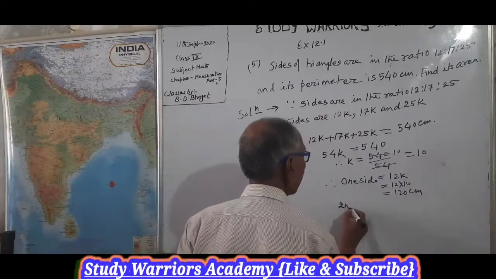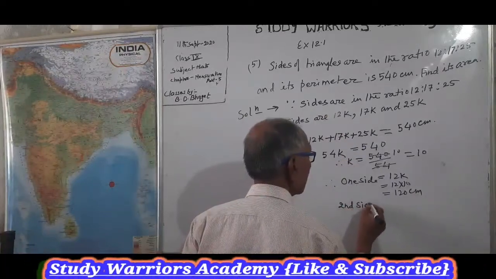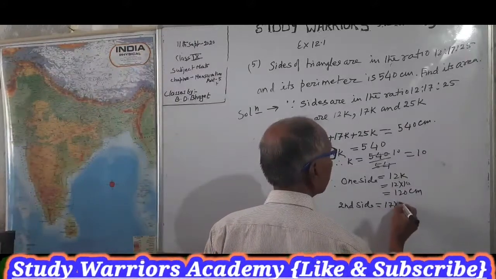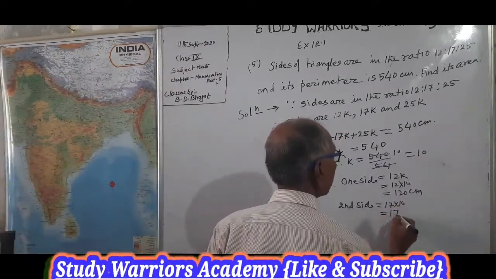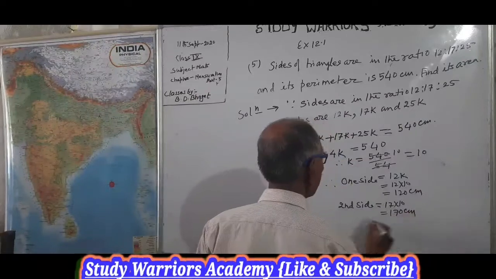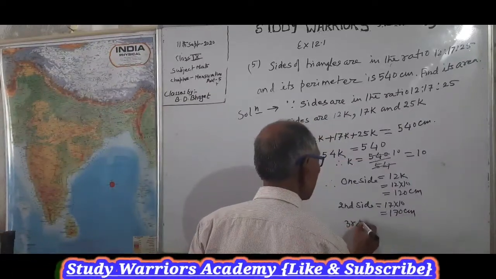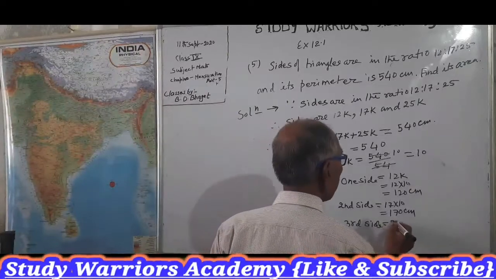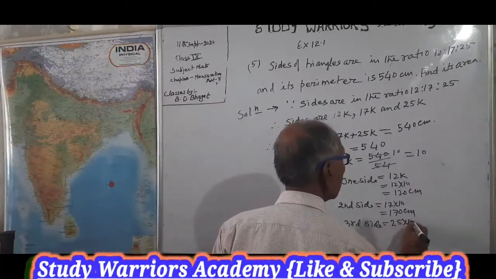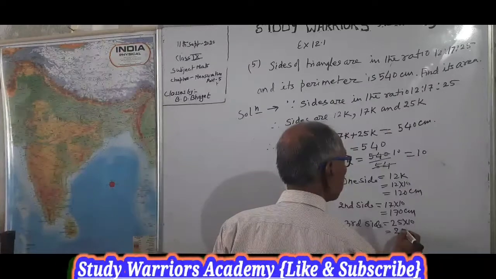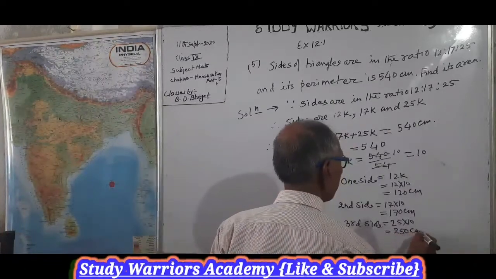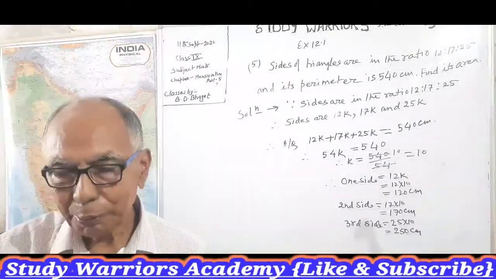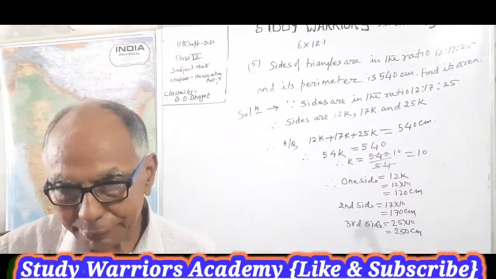Second side is equal to 17k, 17 into 10, 170 centimeter. Third side is equal to 25k is equal to 250 centimeter. Now, value of three sides we have actually got.